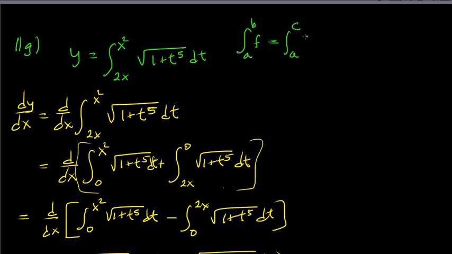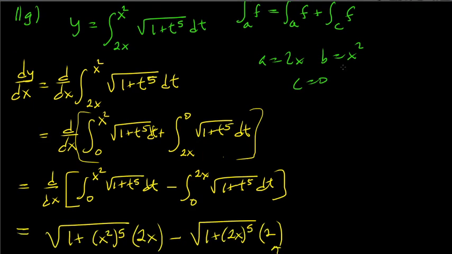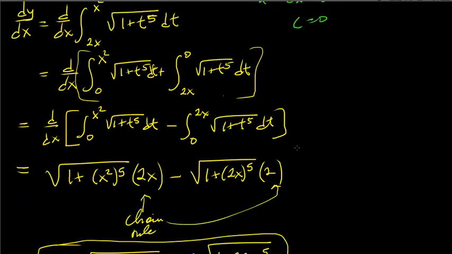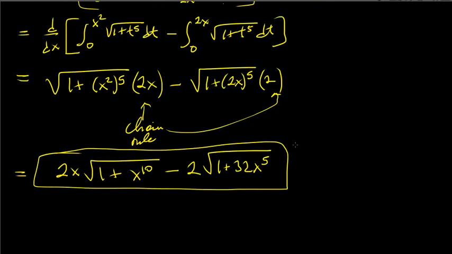We go from A to C plus from C to B. So my A here was 2x, my B was x squared, and I picked C to be 0, although it doesn't matter what it is. It's just some constant. I probably should have just left it as C instead of putting 0 there, but it doesn't matter. You get the same thing regardless.